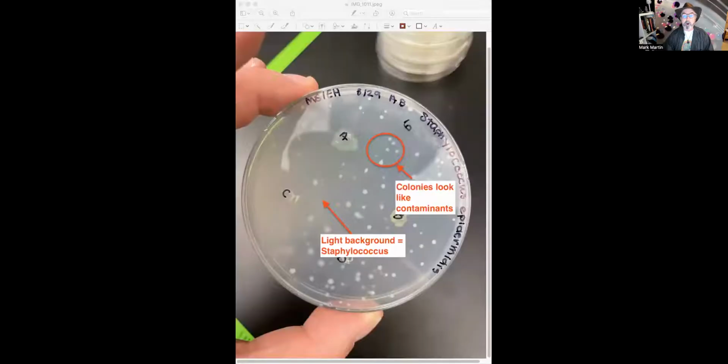If you are currently looking at this video, at this particular item, you're going to see I labeled it properly. What you would normally see for all of your plates is a kind of cloudy background of the bacteria that you spread all over the surface of the plate. Now, those other colonies all over the plate are some kind of contaminant. My guess is when I subcultured this to go from day 1 to day 2, something snuck in, because everybody in the Tuesday section is seeing this.